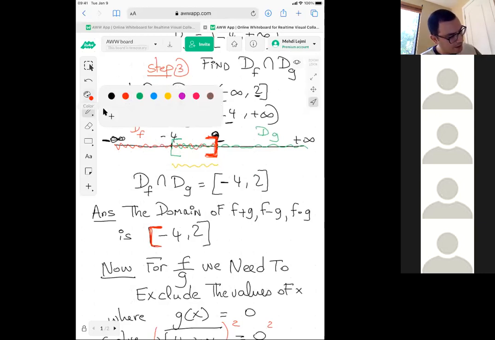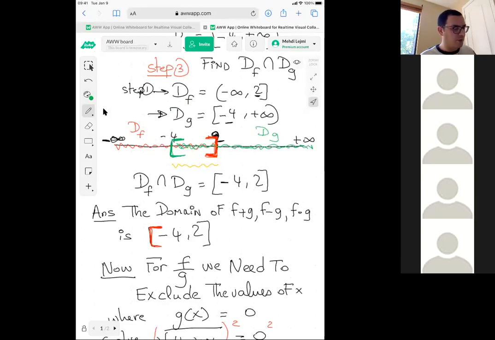So it goes from -4 all the way to positive infinity. So the intersection domain is the thing which is green and red at the same time, right? It's this interval here. It's common to the domain of f and the domain of g, and it's from -4 to +2, right?